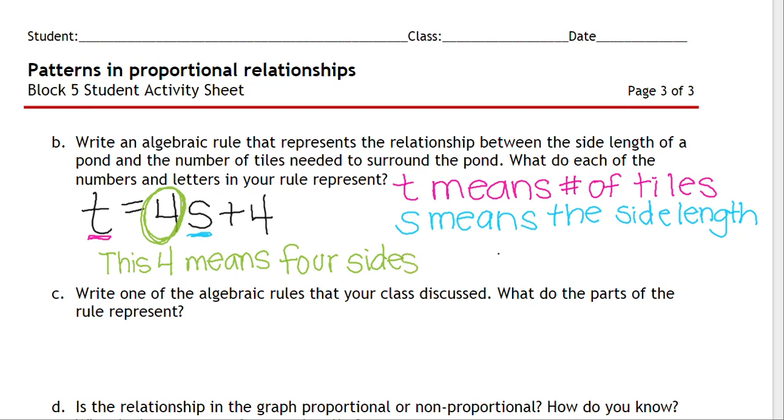And then finally, we've also got this other 4 at the end, this plus 4. And this isn't a times, this is an add 4. And the reason we added 4 was because we had to fill in those corner pieces. So the plus 4, I'm going to put is for the corner pieces.